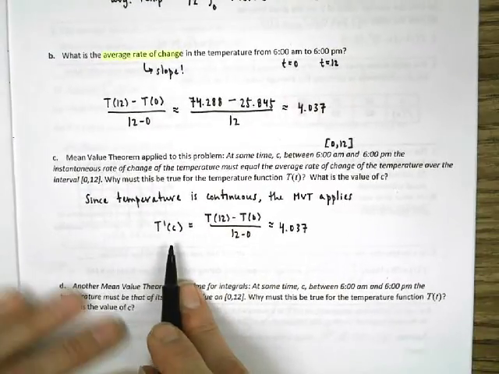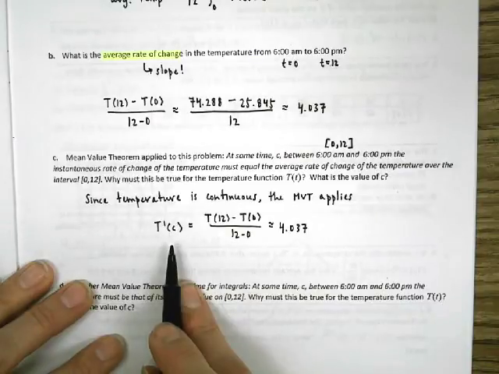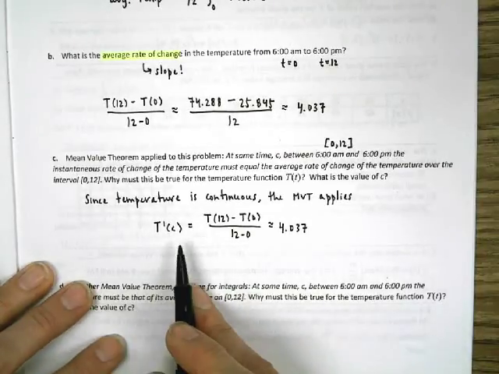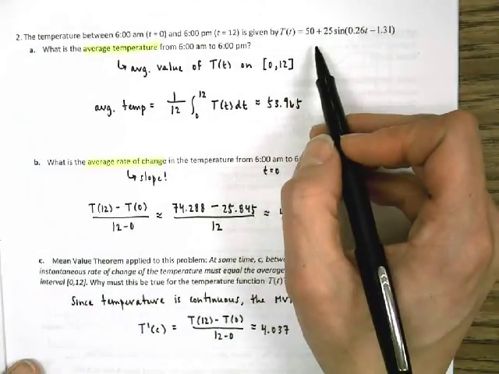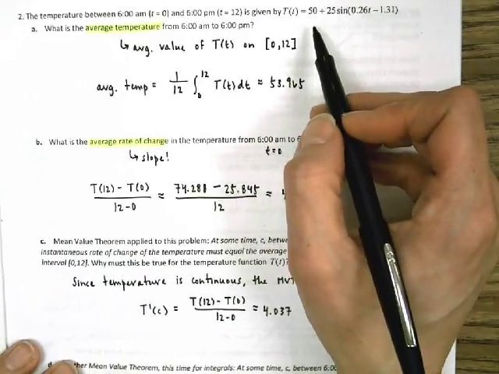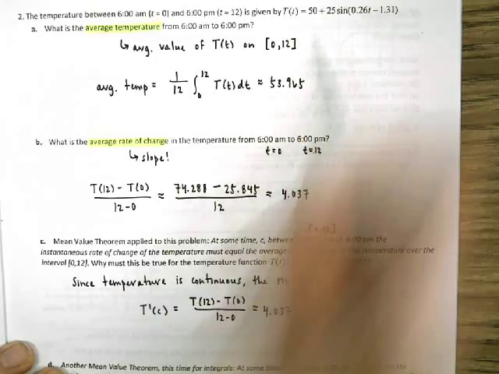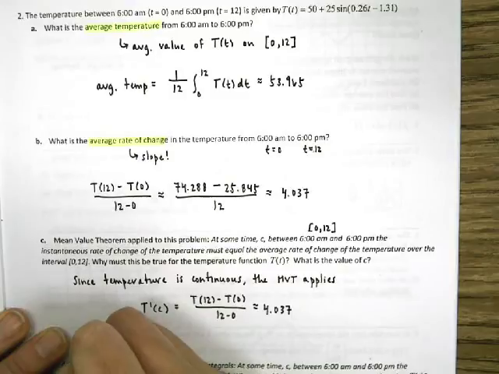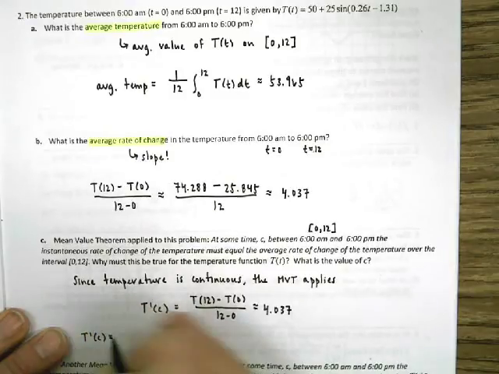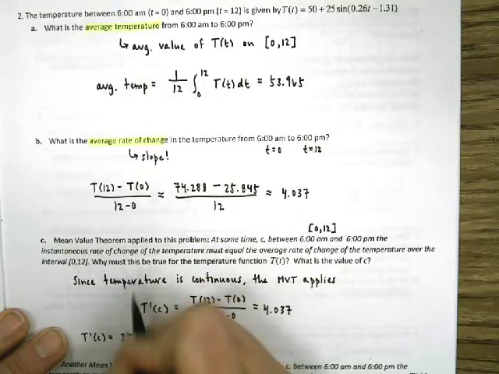So first we need to find our derivative. If we look at our temperature function, again given to us up here, the derivative of the 50 is going to be 0, so that's going to drop out. So I'm going to have 25. T prime of c is going to be 25, derivative of sine is going to be cosine.